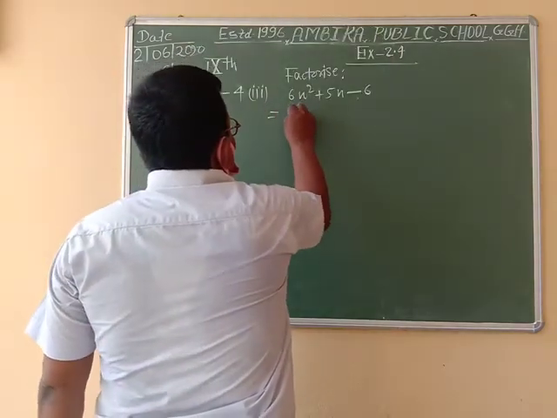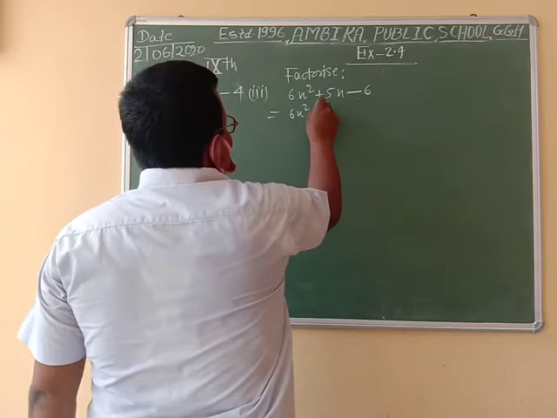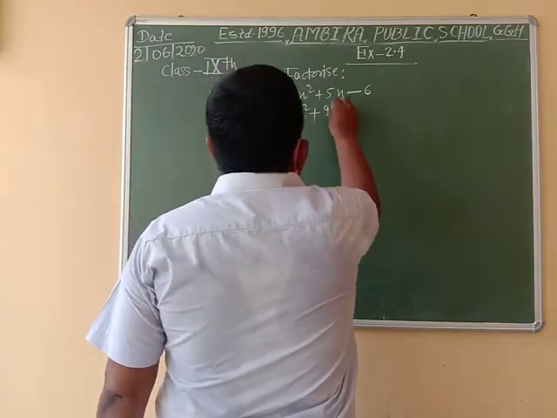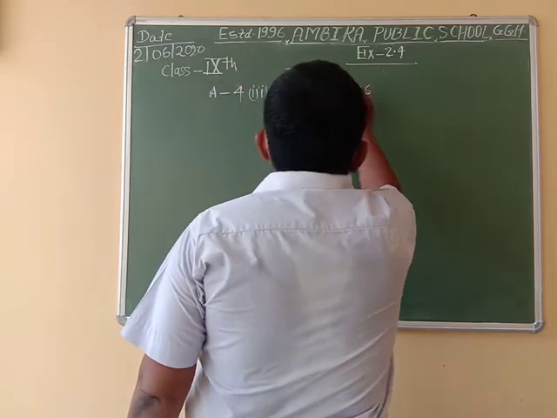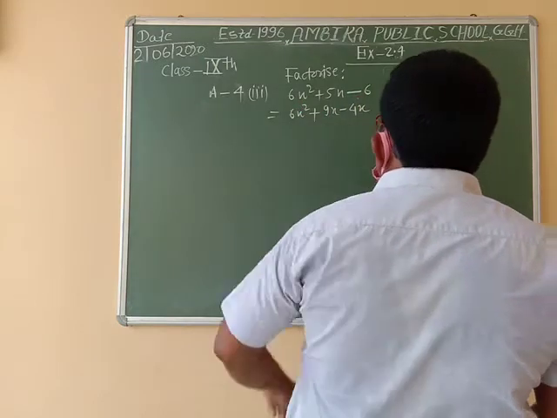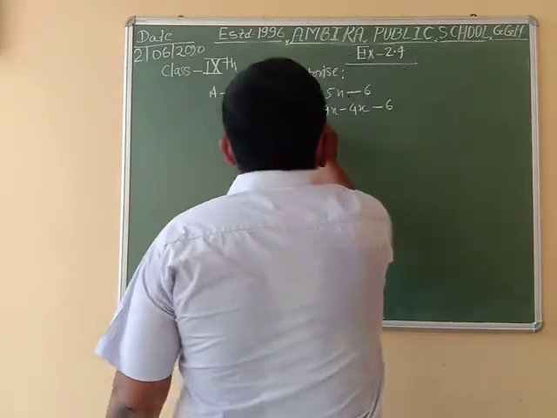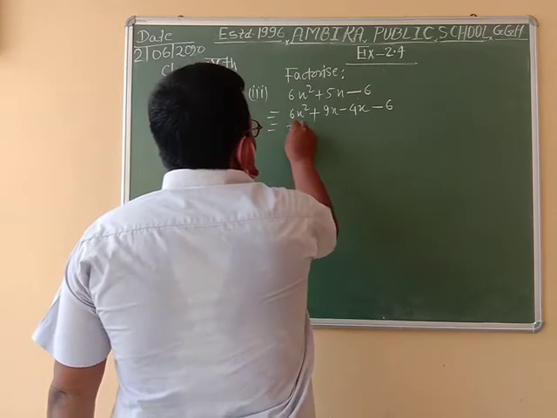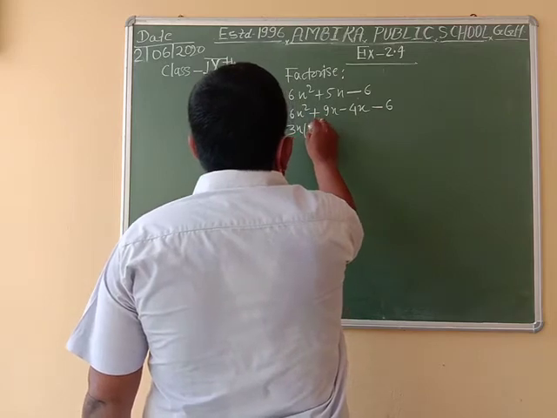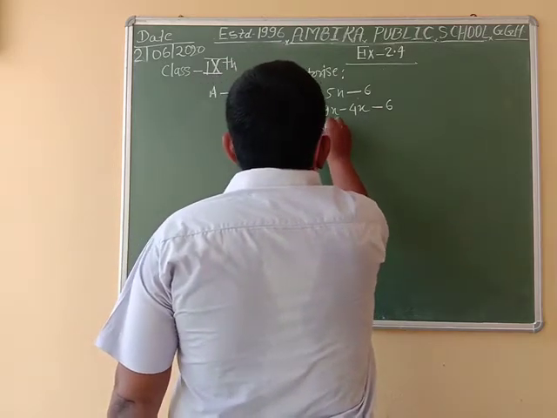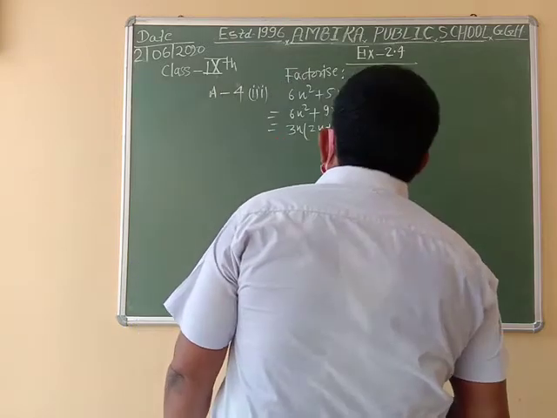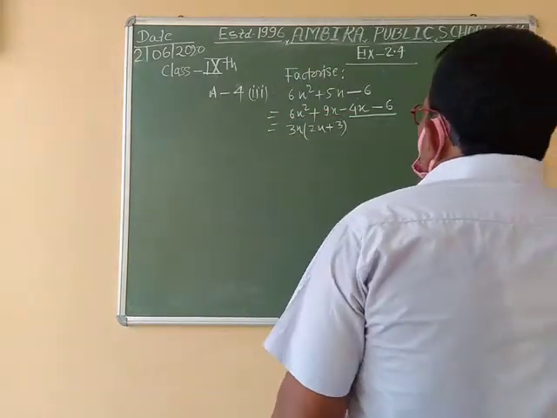We can write 6x square plus 9x minus 4x minus 6. 9x minus 4x is equal to 5x, and after multiplying we get minus 36x square. Taking common 3x, we get 2x plus 3, and in the last two terms 2 is common.